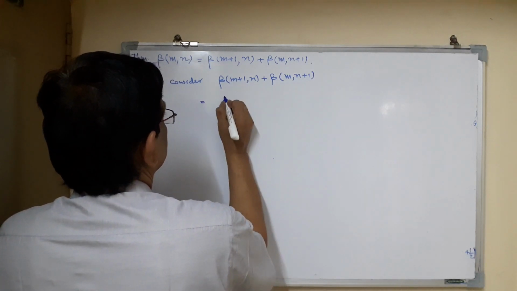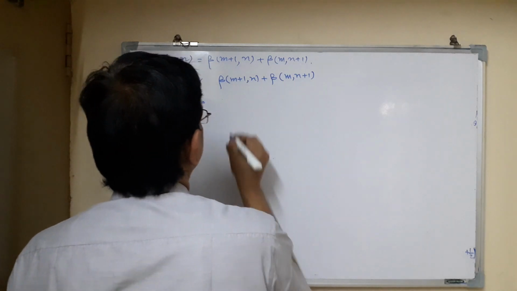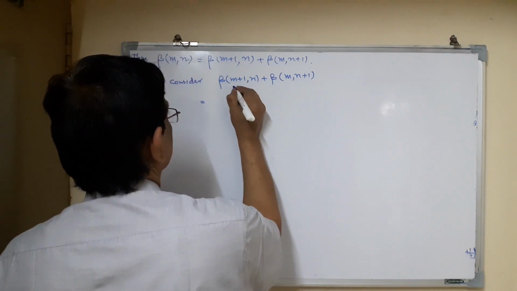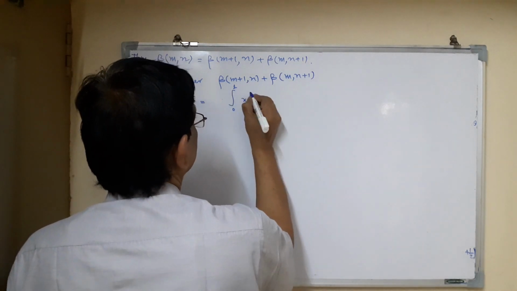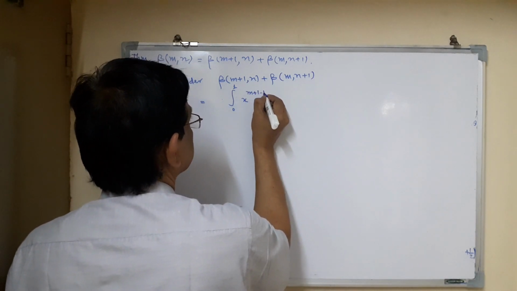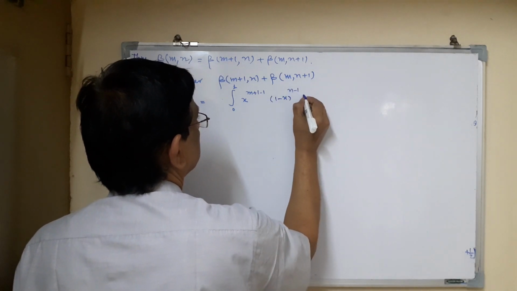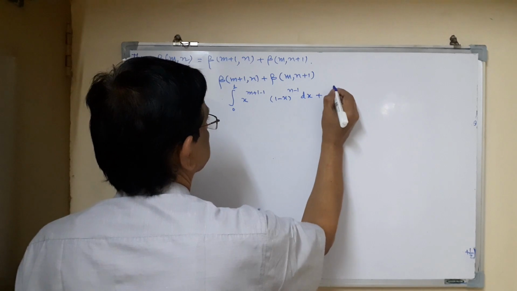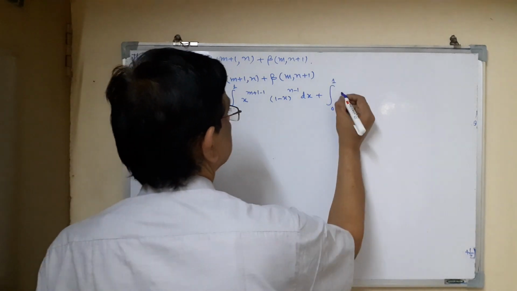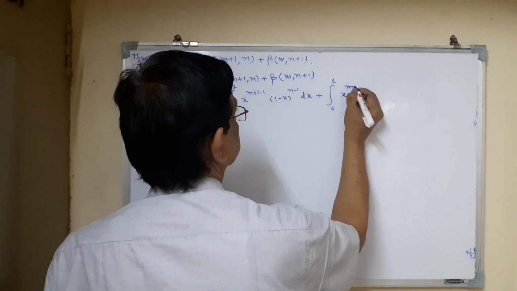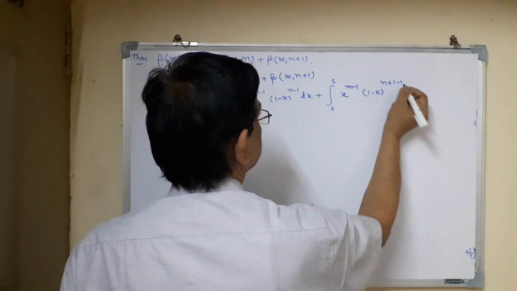This is beta of m plus 1 comma n, which is integral 0 to 1 x power m plus 1 minus 1, 1 minus x power n minus 1 dx, plus integral 0 to 1 x power m minus 1, 1 minus x whole power n plus 1 minus 1 dx.